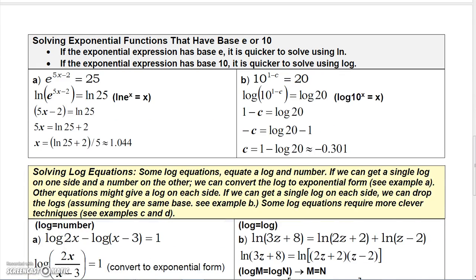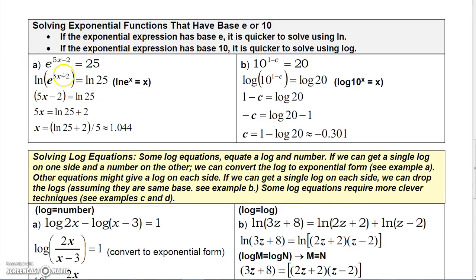Now, as I said a while ago, it doesn't matter whether you do natural log or common log, and it really doesn't matter in this case, but generally if you have a base e in your exponential equation, it usually works better if you take the natural log.